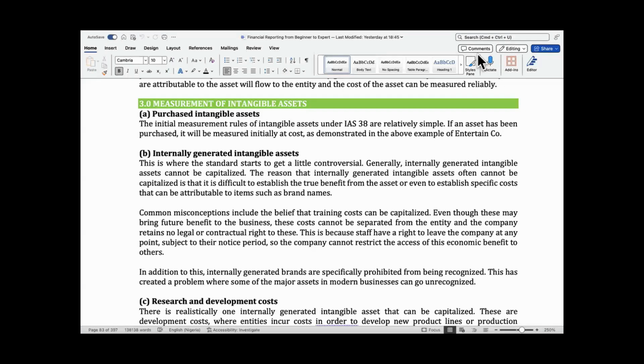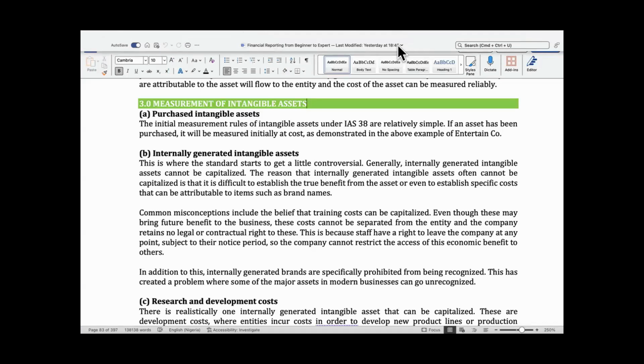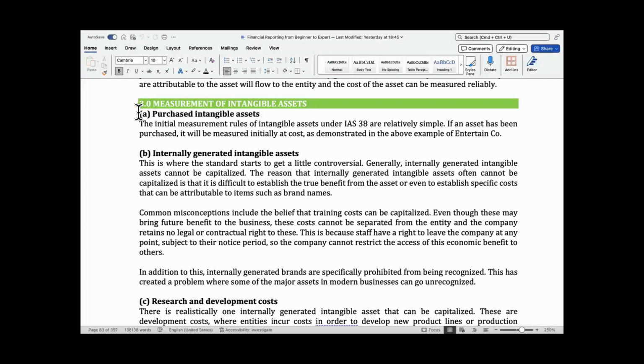So let's go to measurement. So first, we'll look at initial measurement of cost. But because of the nature of intangible assets and the diversity of it, we'll look at different scenarios, different ways in which an intangible asset can be originated, which will then drive how you measure them.